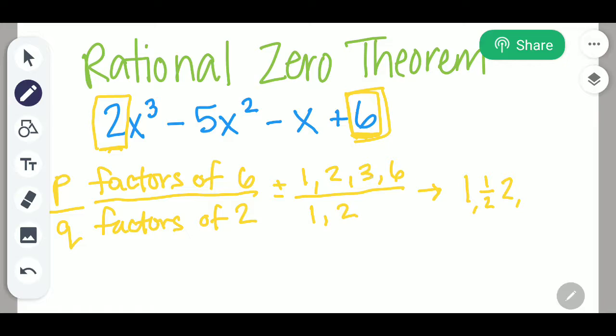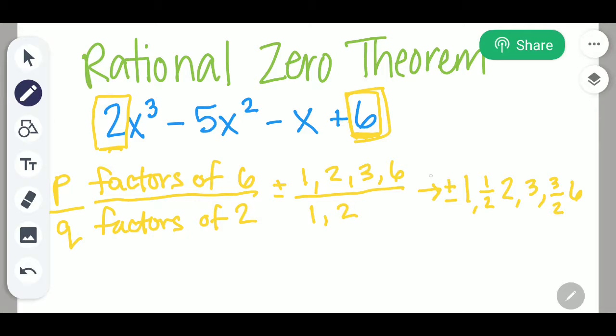We've already listed that. 3 over 1 is 3. 3 over 2 is 3/2. 6 over 1 is 6. 6 over 2 is 3. So it's going to be the positive and negative of all these numbers. So we have positive and negative 1, positive and negative 1/2, positive and negative 2, positive and negative 3, positive and negative 3/2, and positive and negative 6.